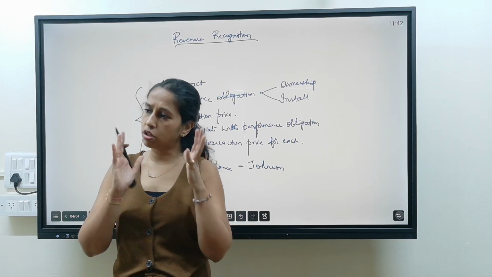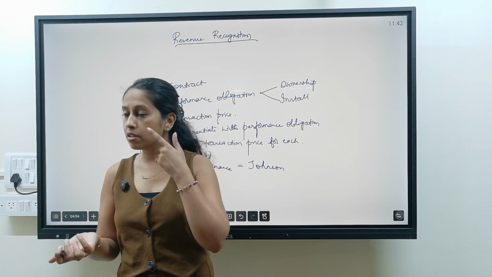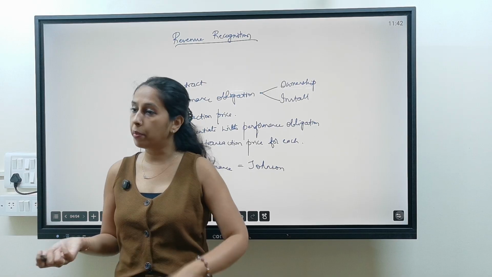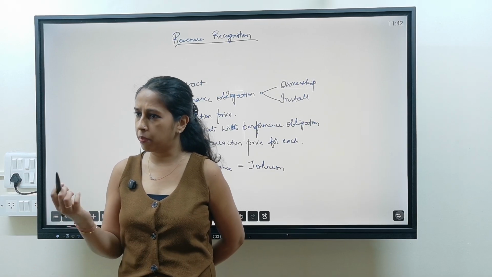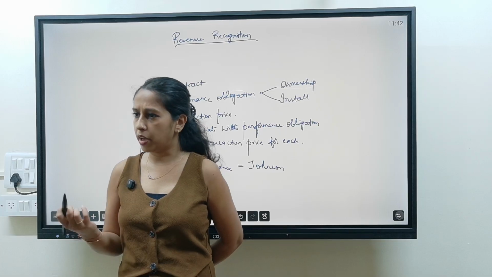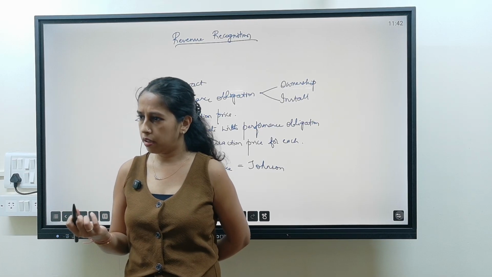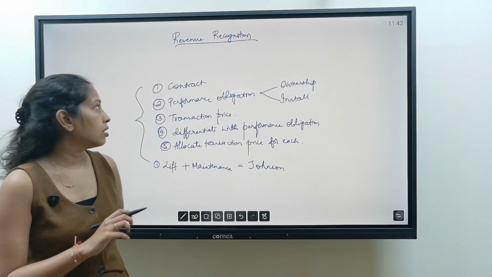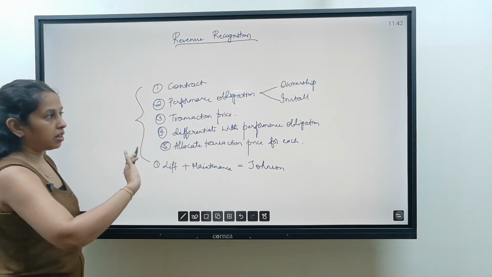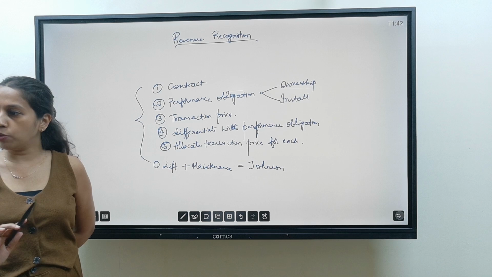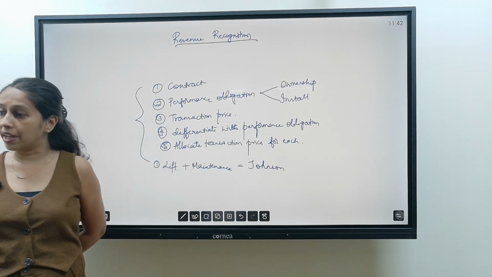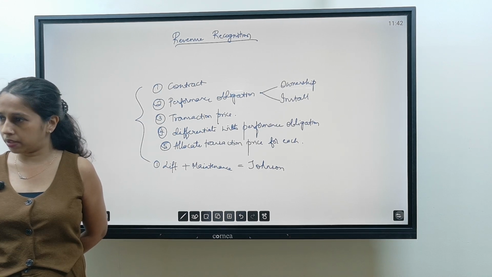One is to install the machinery, and another for regular maintenance and repairs of those machineries, to oil them on a regular basis, to see if there is some breakdown. So based on you fulfilling all of these 5 pointers, only then will you record something called revenue on your income statement.